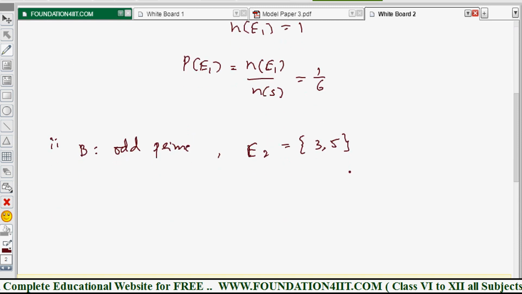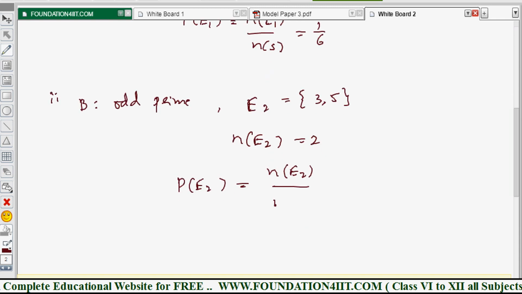Then n of E2 is equal to 2. The required probability is n of E2 by n of S, number of favorable by all possible outcomes, that is 2 by 6. Just cancel: 2 ones are 2, 2 threes are 6. So 1 by 3 is the required probability of getting an odd prime number. So this is this simple question.